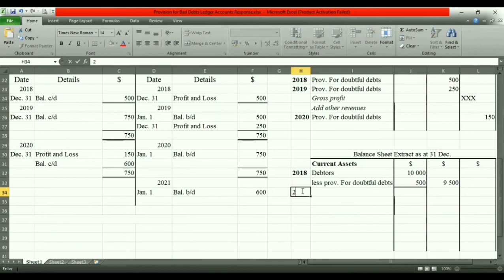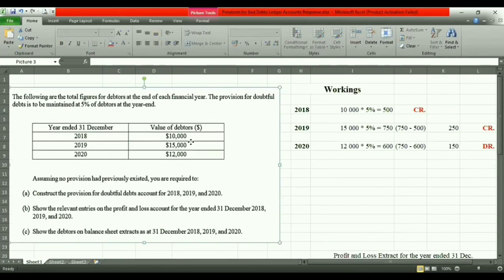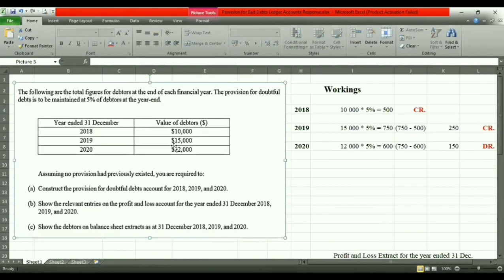Let's look at 2019. And I know that you're able to respond to that. We pick up our debtors figure for 2019, and our debtors figure for 2019 was $15,000. That's a figure coming from the question.